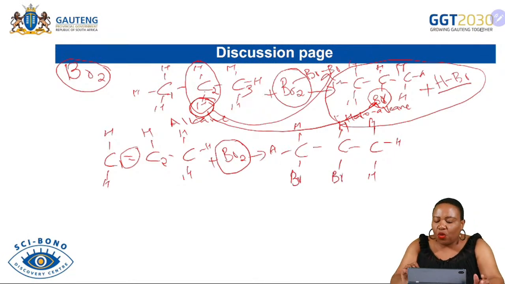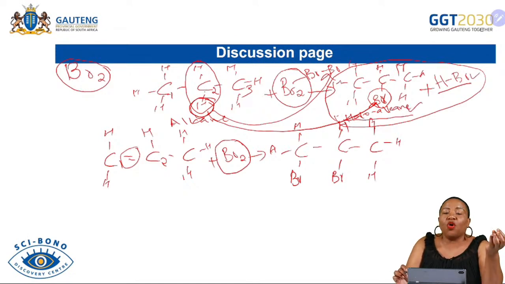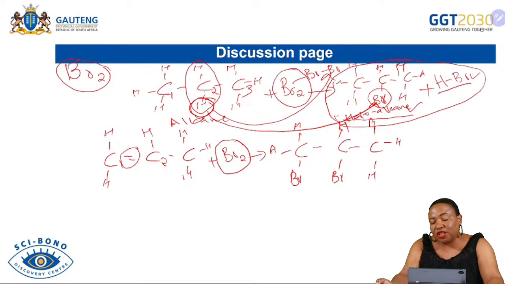And what you're going to observe is that when you do addition reaction, especially using a diatomic molecule like bromine water, everything is going to be added at once. When you look at our substitution reaction that occurred, we had 2 products where one was organic and the other one was inorganic.